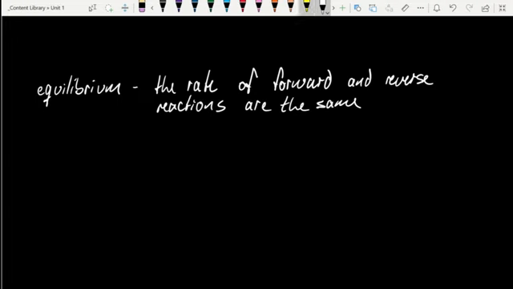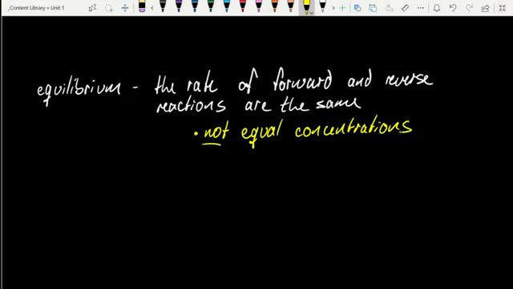It's important to note, this says nothing about concentration. It does not mean that the concentrations of products and reactants are the same. It just means that they're in equilibrium with each other. In other words, the products are turning into the reactants at the same rate that the reactants are turning back into the products. That's the idea of equilibrium in a reversible reaction.